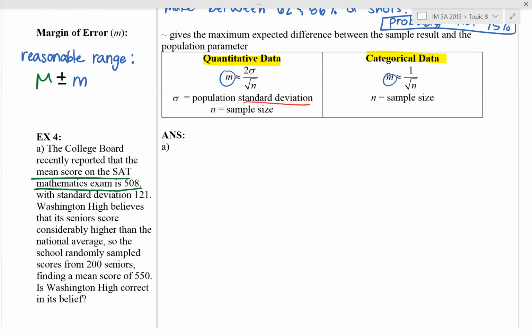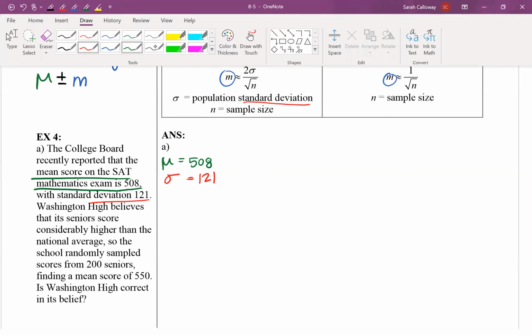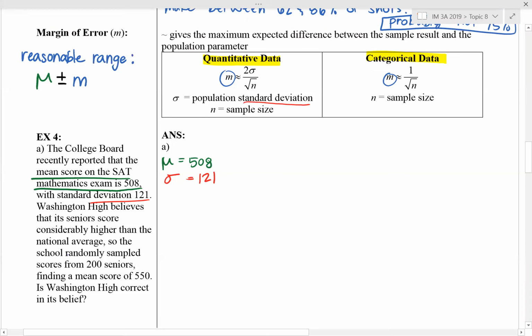So what we're looking at is that we have a mean of all the people that took the SAT in whatever year this was collected for the math, a 508 score. The standard deviation is 121. What Washington High did is they took a sample of 200 seniors.